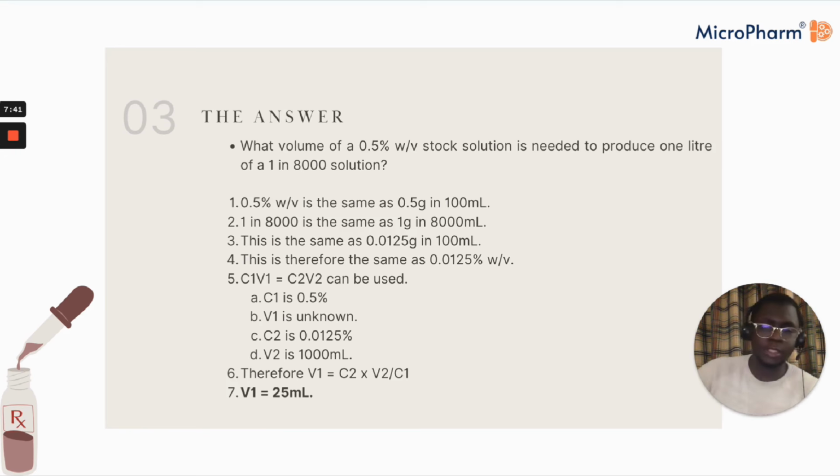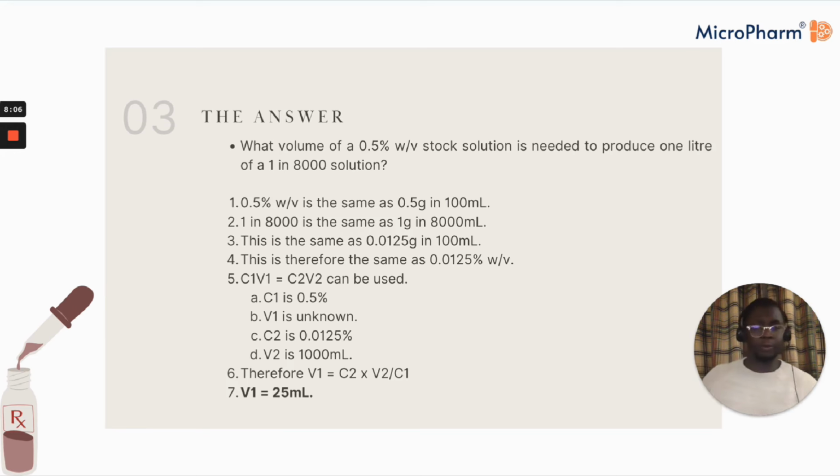So by using C1V1 equals C2V2, I can rearrange it to make V1 the subject, because in this instance, I want to know what volume of the stock solution I needed to produce 1 litre of a 1 in 8,000 solution. When I rearrange it to make V1 the subject, V1 equals C2 times V2 over C1.